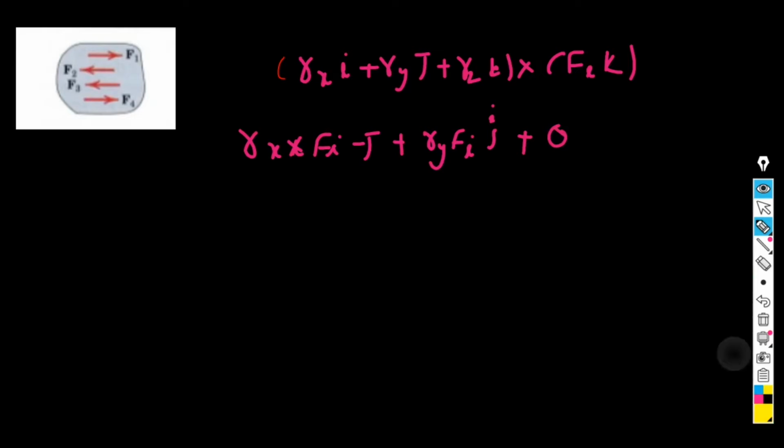Then in this case, I would have moments about the y axis and x axis. The moment about the z axis is equal to 0.